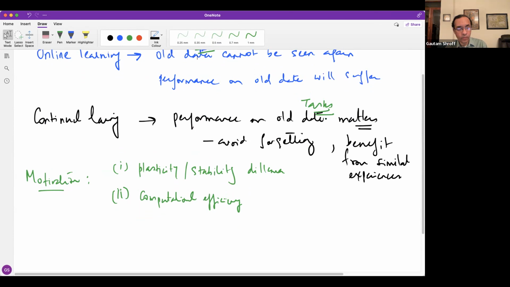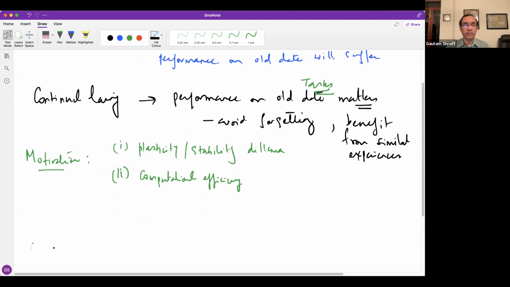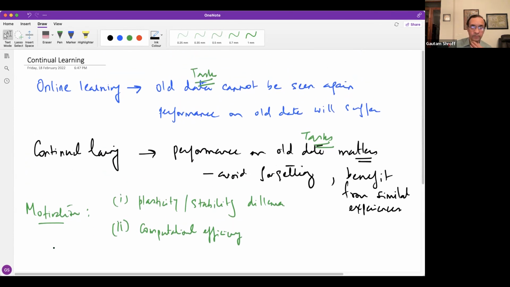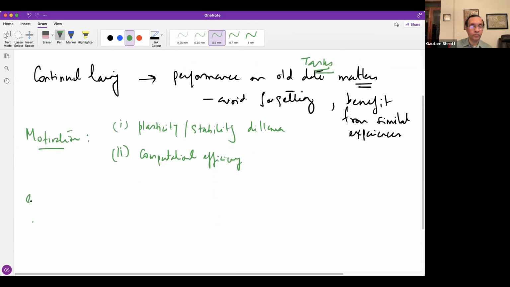Now, there are a couple of different ways of, is it clear so far? Any questions? So for example, if you're an e-commerce site, let's take the example of e-commerce. You have all the past data, and now you get some new data.